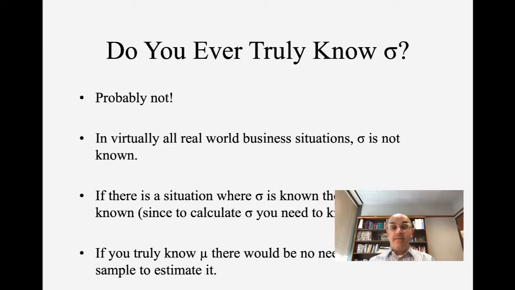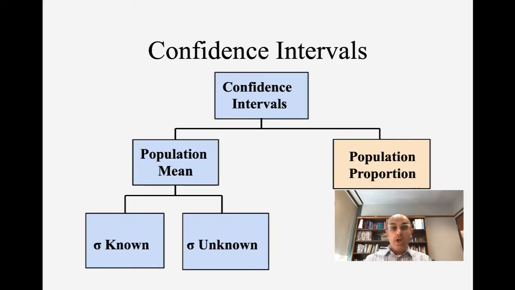If there is a situation where it's known, then we are able to calculate, but you need to remember that the unknown case is often used. If you truly know the value, you need to get a better sample, and that's a general rule. So we talked about the population mean when it's known and unknown.